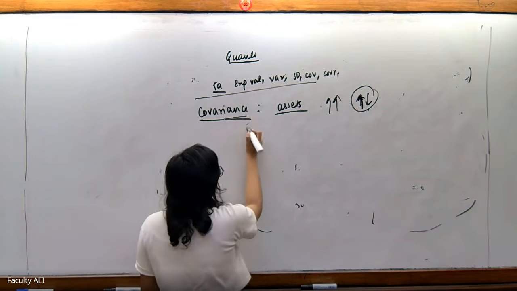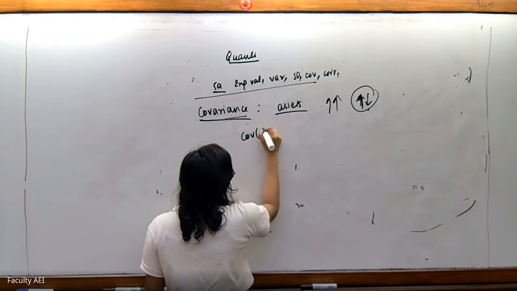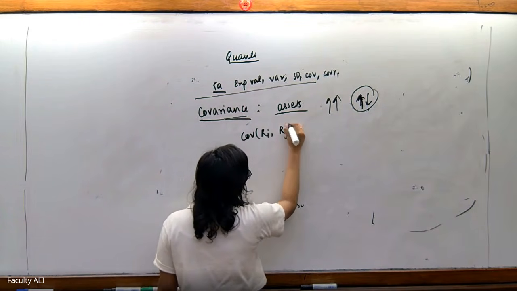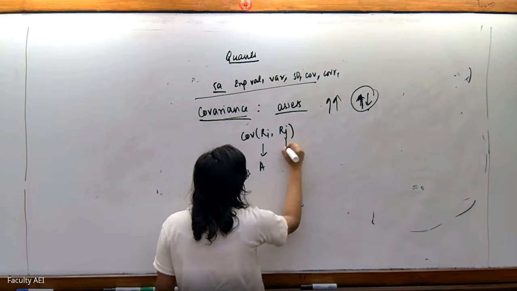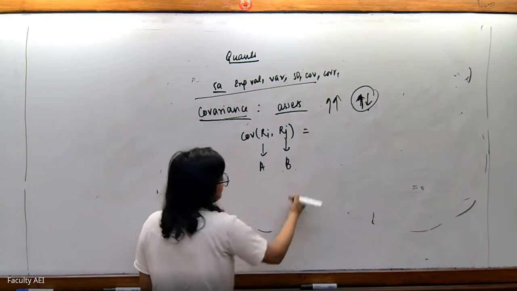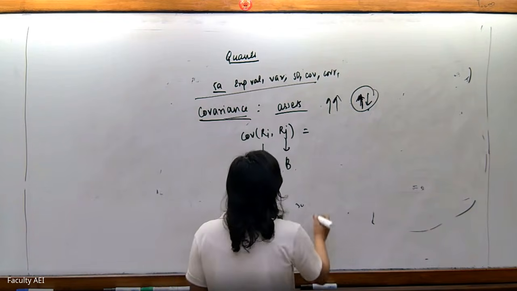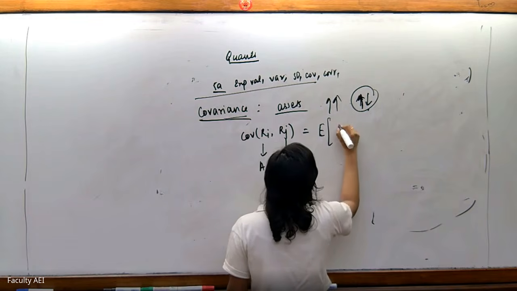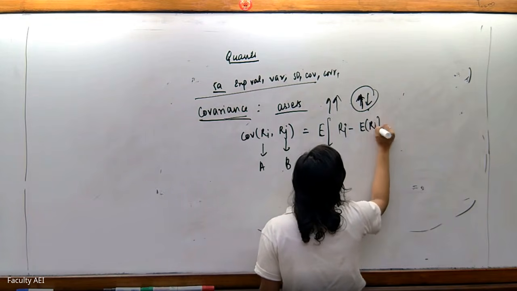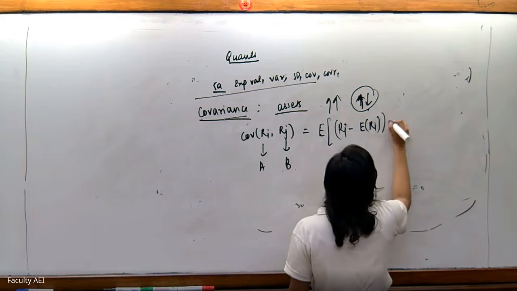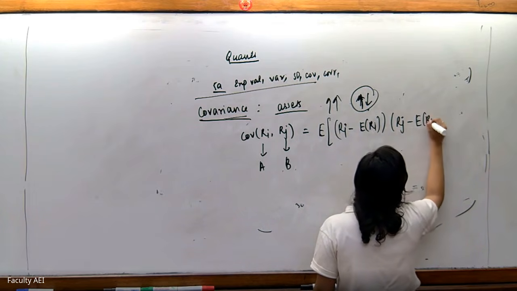So what is the covariance formula here? Covariance between the returns Ri and Rj. Ri is, let's say, the returns from asset A. Rj is the returns from asset B. It is the expectation of Ri minus expected value of Ri, times Rj minus expected value of Rj.